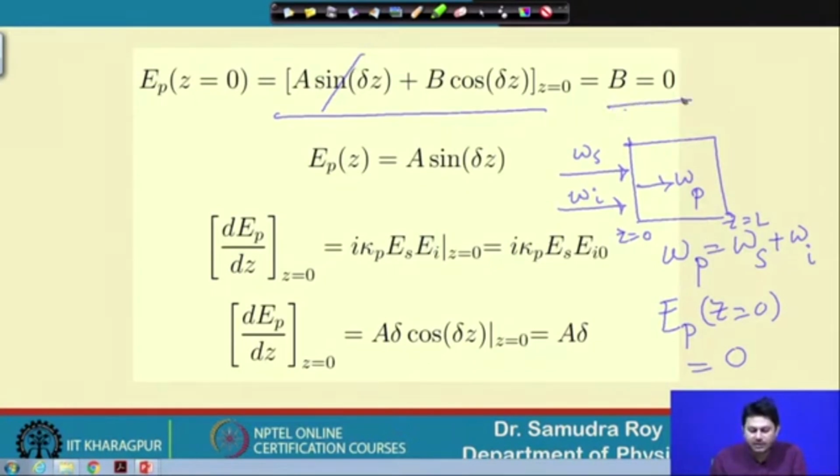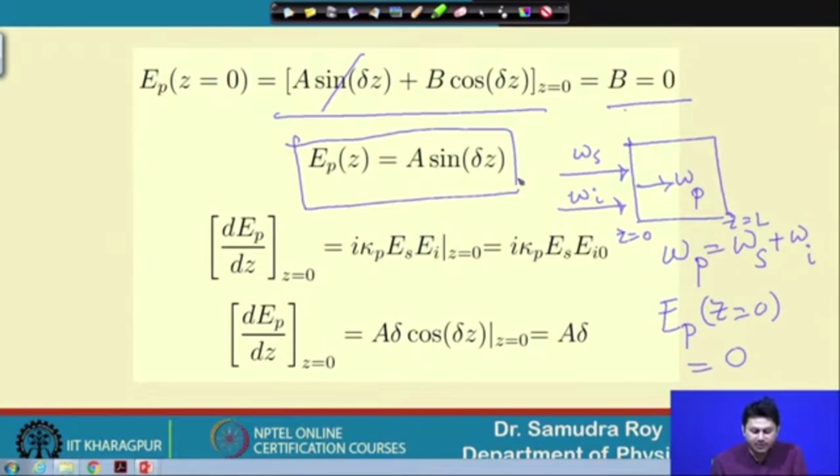That means, one part is readily eliminated when I put the boundary condition, and the boundary condition suggests that there is no pump field at z equal to 0. So, our solution simply becomes EP(z) is equal to A sin delta z. That is the solution we have, but still we need to find out what should be our A.